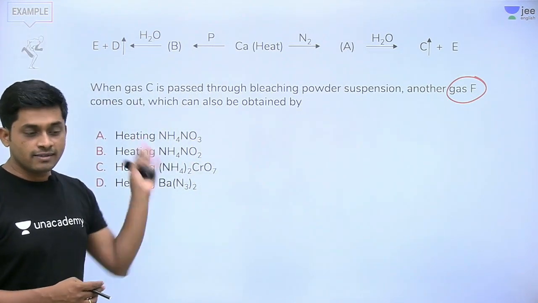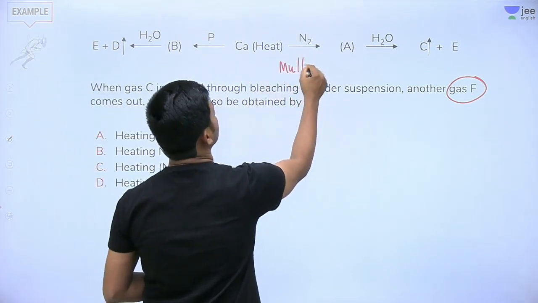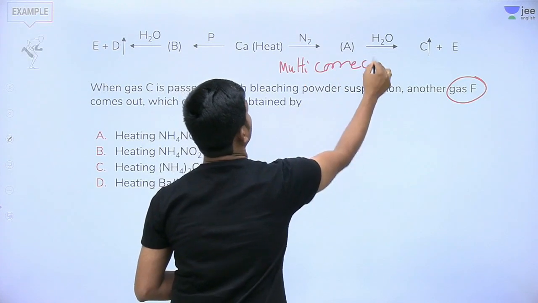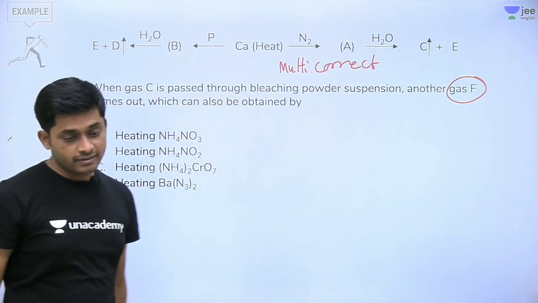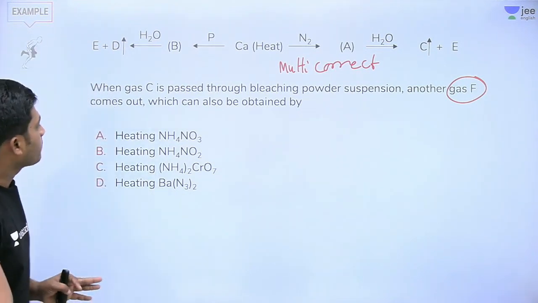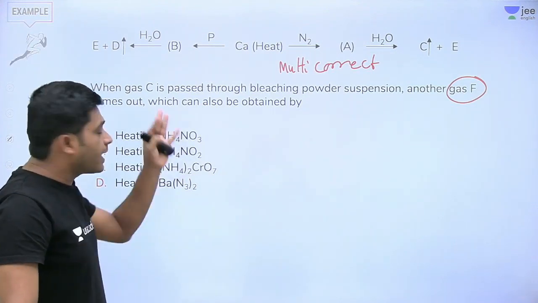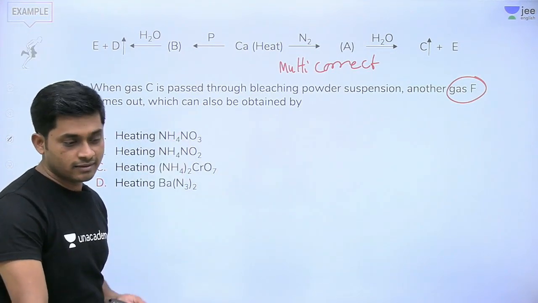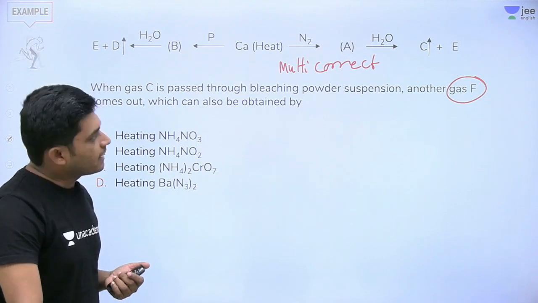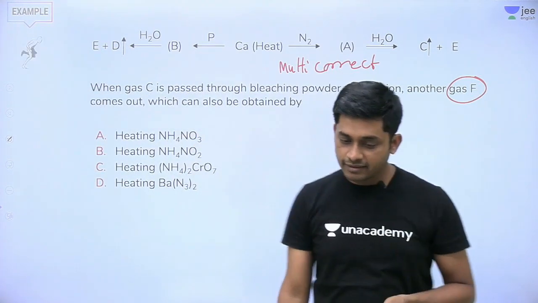Okay, see the options. Multi-correct. Now you can give answers. It is multi-correct. That means F gas, same F gas, can be obtained from multiple options. Gas C is NH3. Okay, fine.